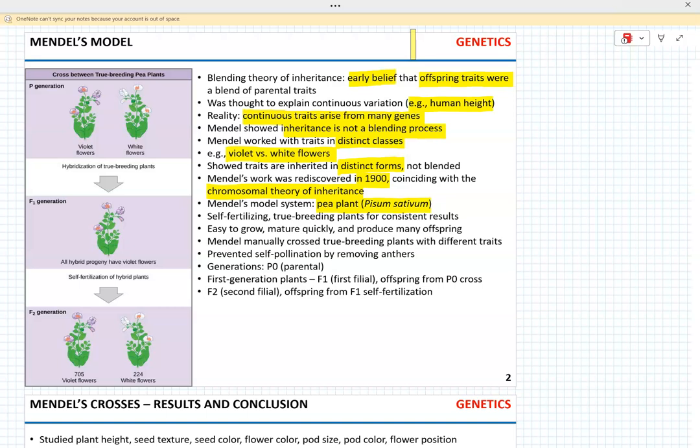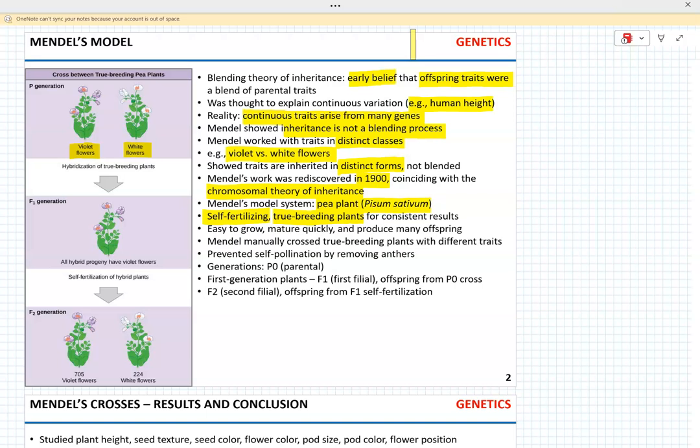The advantage of this model was that it is a self-fertilizing plant, and it's a true breeding plant. So what is a true breeding plant? Here you see the example of two true breeding plants, plants with violet flowers and plants with white flowers. They're called true breeding because when you cross plants with violet flowers to other plants with violet flowers, the offspring is going to have violet flowers only.